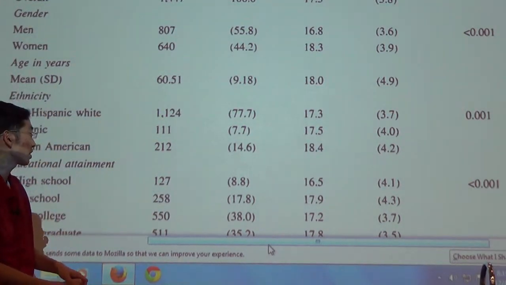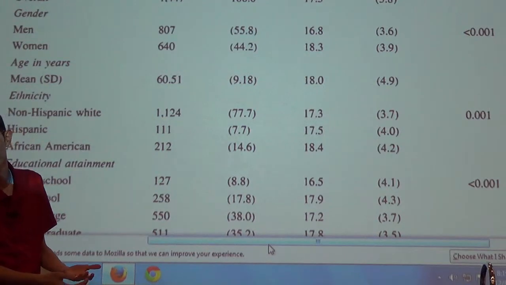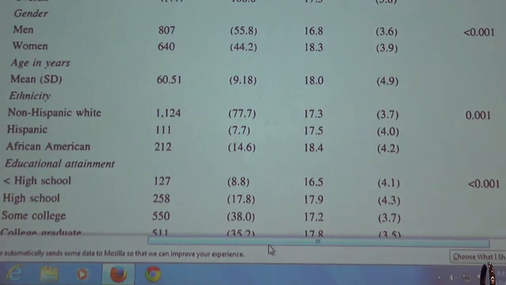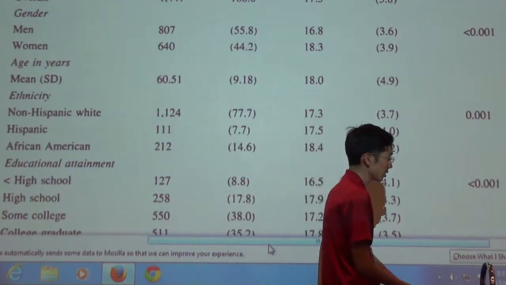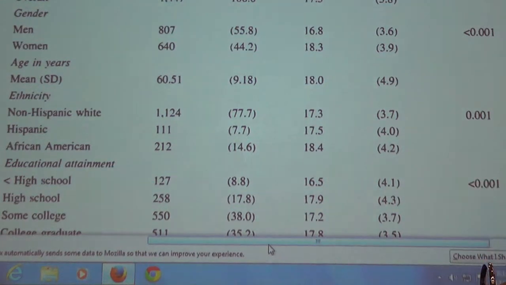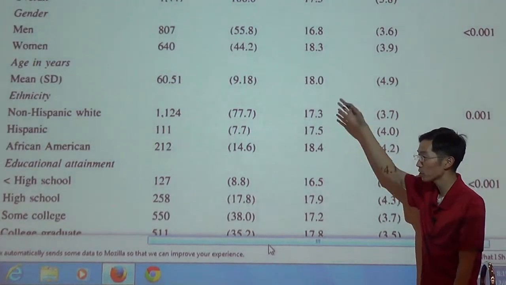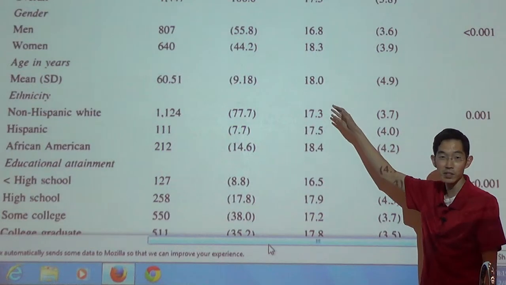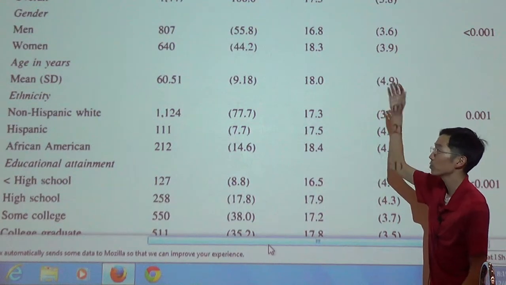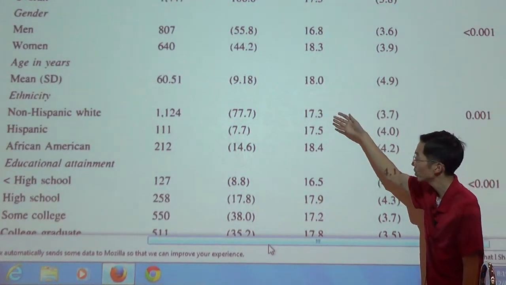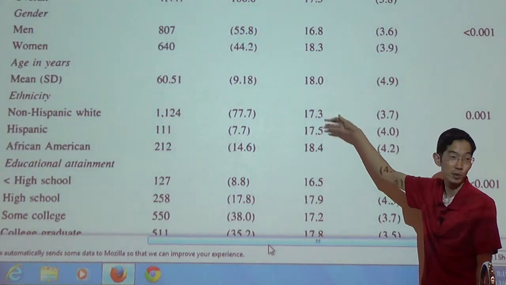The alternative hypothesis says that the groups have a different mean age where they started smoking. So we get a p-value of 0.001. That means if I assume the null hypothesis were true, and the age someone started smoking has nothing to do with their ethnicity, what is the probability that a random sample of 1,400 people would give me mean values that are just different from each other?